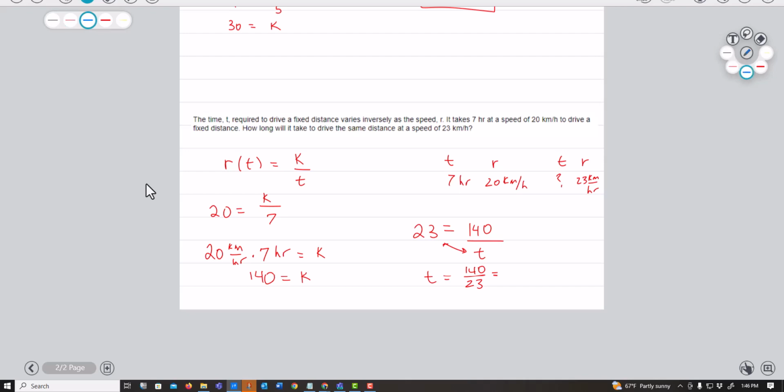You're doing 140 divided by 23. So of course I pick my calculator up and I see that it goes 6 times. 18, 12, 13, 14. Does it not go 6 times? Because I can't multiply, that's 138.